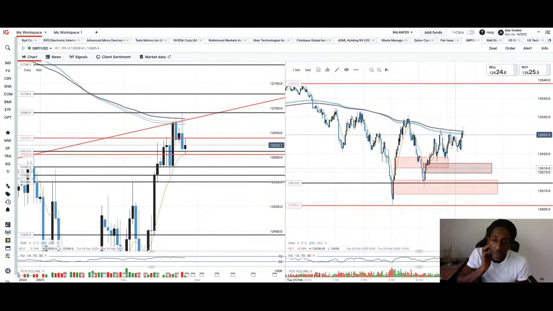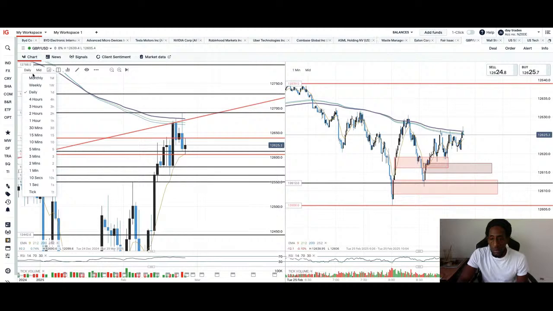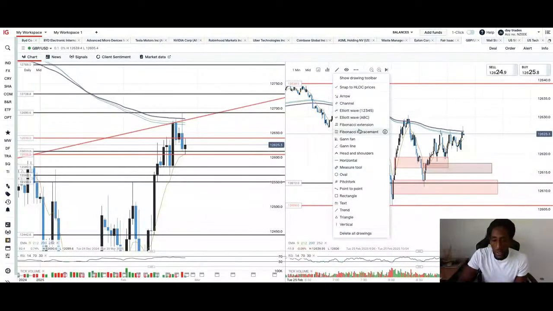Okay, then that double top got liquidated, as we can see. We're back into pretty much the middle point of the daily range right now, it looks like.